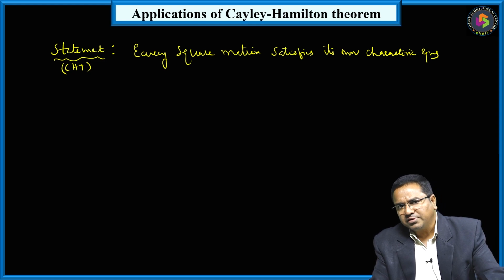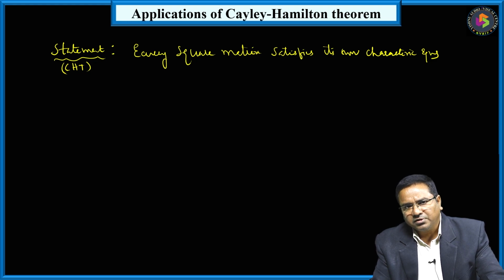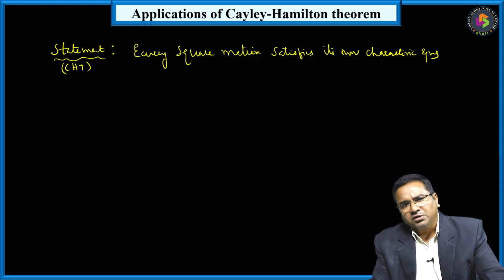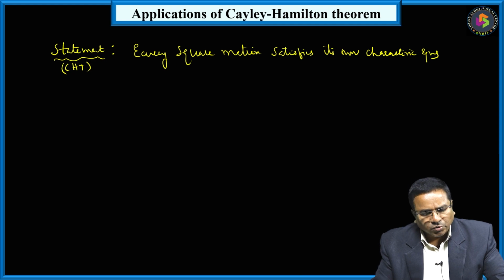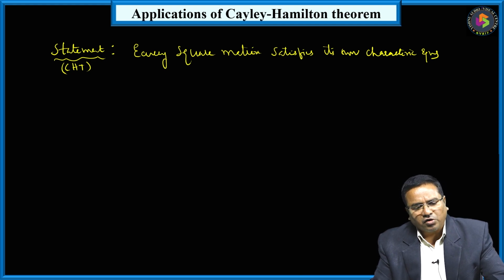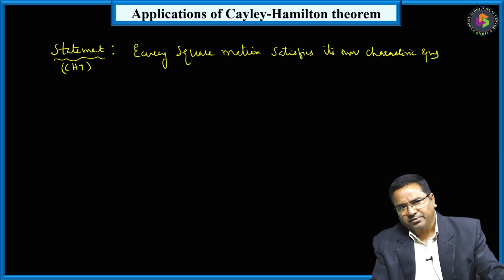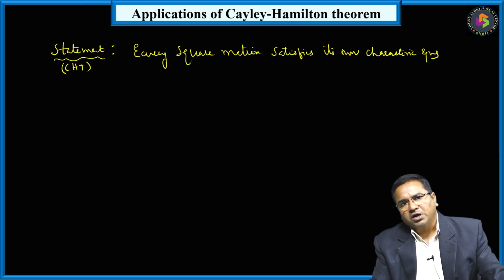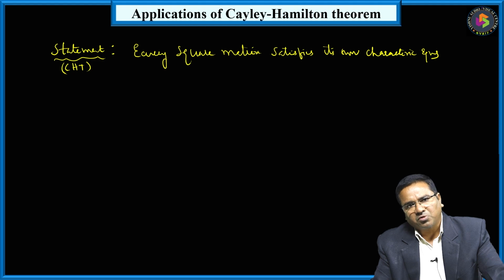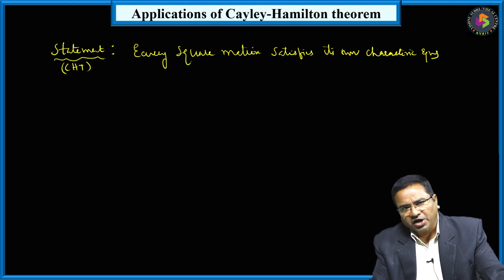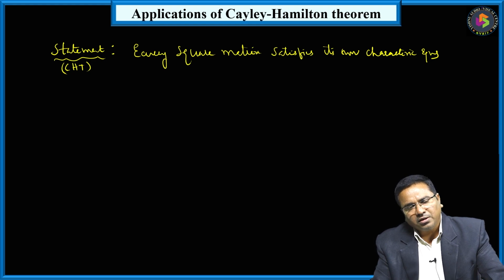If A is a 3 by 3 matrix, then the characteristic equation is a third degree equation. So what we have to verify is that every matrix satisfies its own characteristic equation. First I am going to cover verification of the theorem, and by using it, how to find the inverse and power of the matrix.